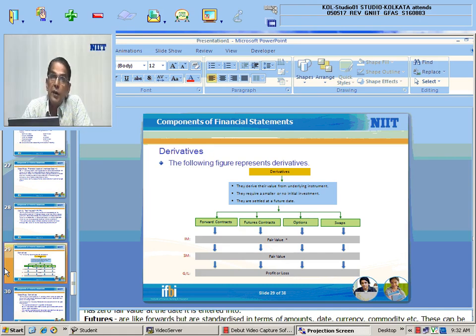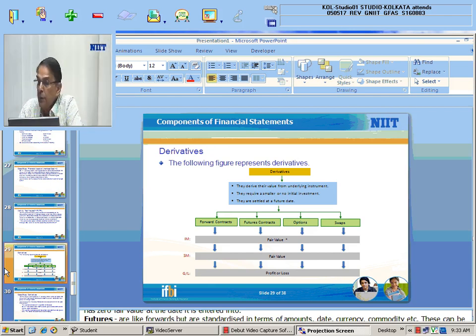If the current value of the contract is more than the value of the contract when it was entered into, then there could be a gain for the person who bought the contract. So it could be an asset. On the other hand, if the current value of the contract is less than the value of the contract when it was purchased, then it could be a loss and it could be a liability for the holder of the contract. So if a company holds futures, it could be treated as an asset or liability as on a particular date.